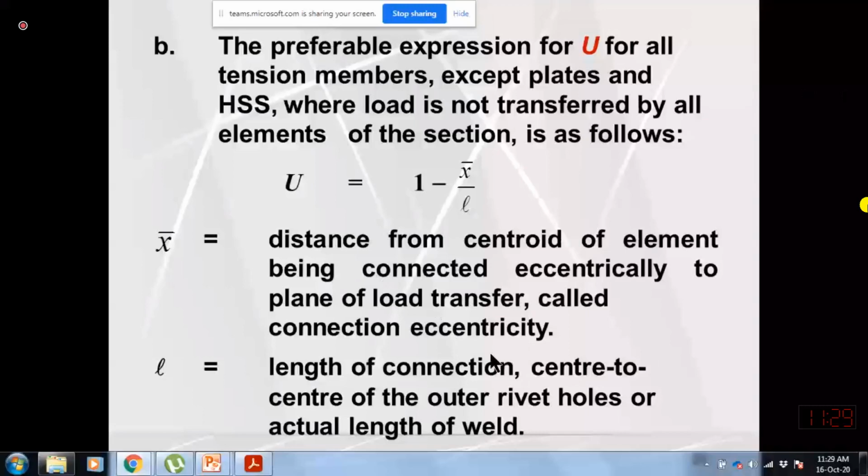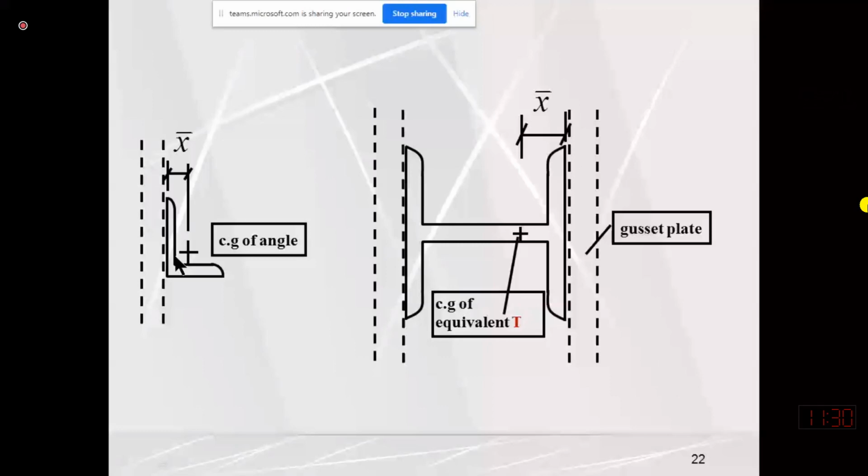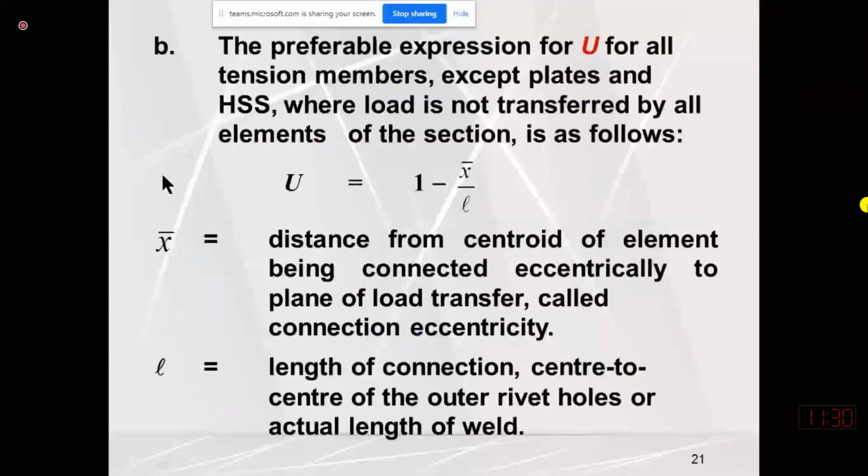So here in this next slide, for example, we have this angle section which is connected with this gusset plate. So x is the distance from the centroid of the angle section to the outer face of the gusset plate. Maybe I have shown you this diagram over here.